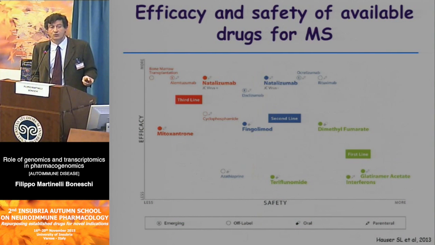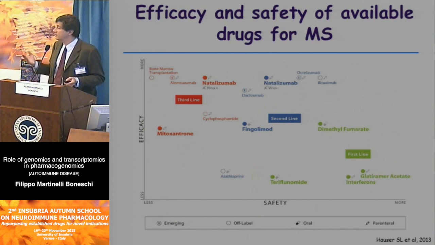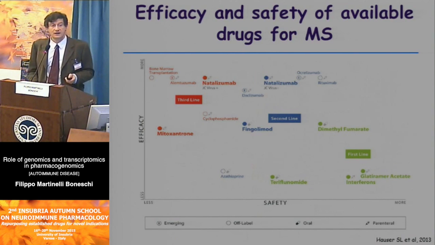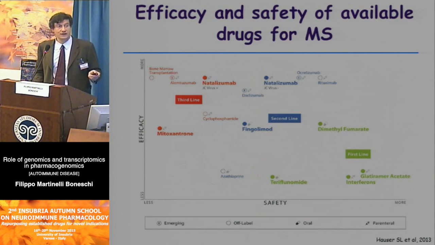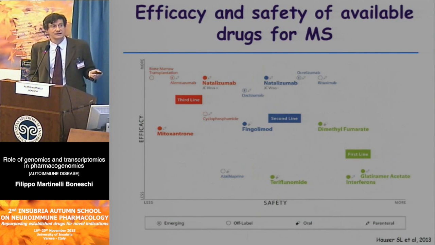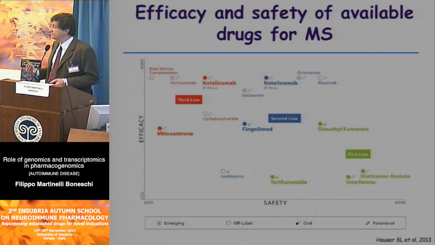Some of them are called first-line drugs, and they are very safe, with no particular concern in terms of safety, but they are not particularly effective. Then we have second-line drugs, which are in the middle, and then third-line drugs, like natalizumab and alemtuzumab, which are very effective, but they raise serious concern in terms of their safety.